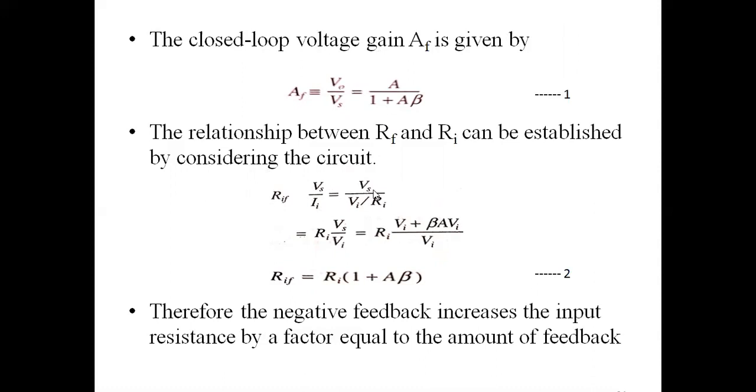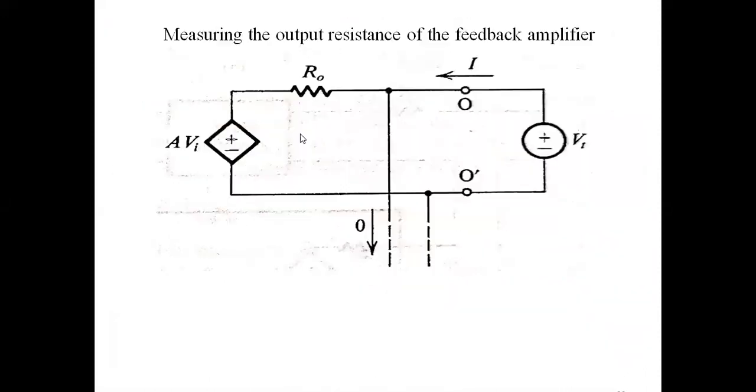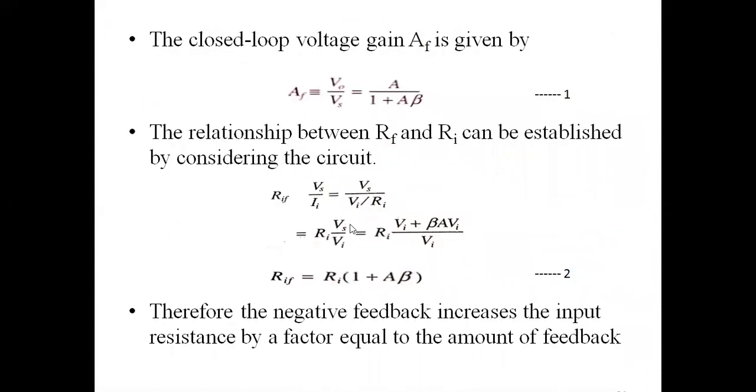That is equal to Vs divided by Ii, where Ii from the figure is Vi by Ri.